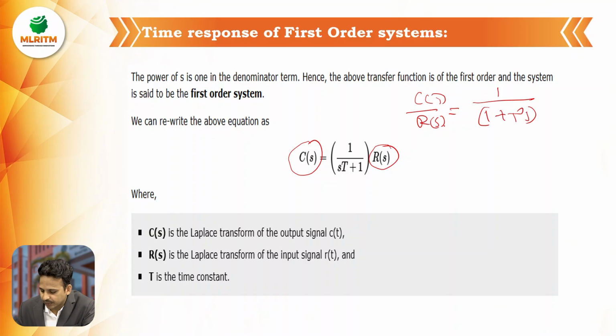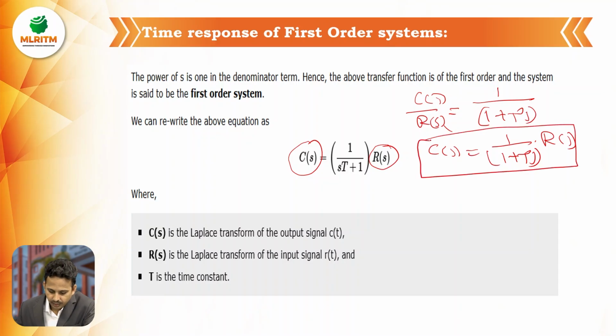Shifting to the right side, C of s is equal to 1 by 1 plus tau s into R of s. This is the output of a first order system, where C of s is output, R of s is input, and tau is the time constant.